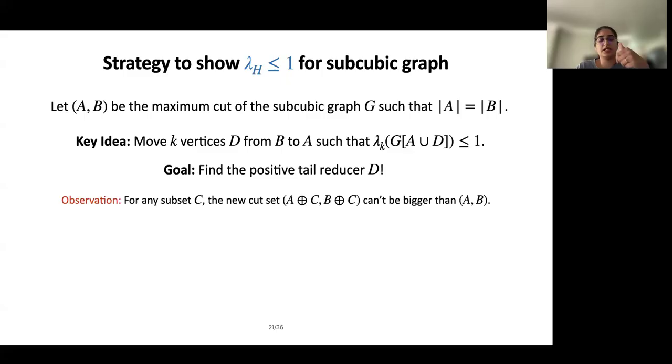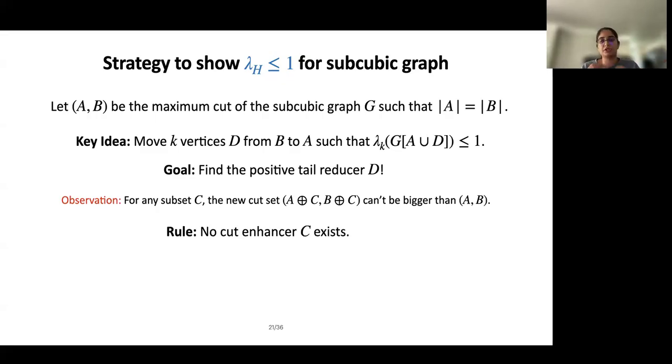One thing that we need to take care of, or the rule of this game that we can establish, is that whenever we are moving vertices from one set to the other, we need to make sure that accidentally we are not creating a new cut set which is larger than the original one that we started with, because that's kind of like the contradiction. So our maximum cut argument fails there.